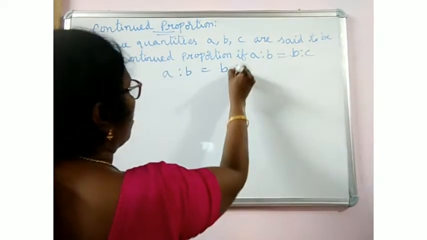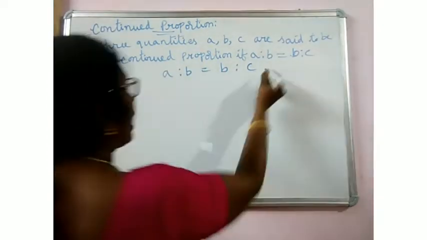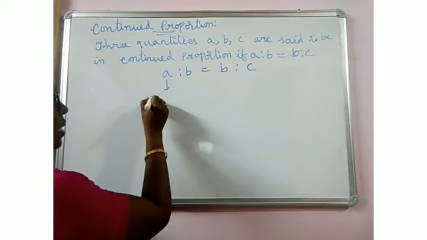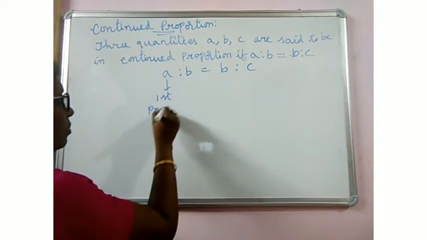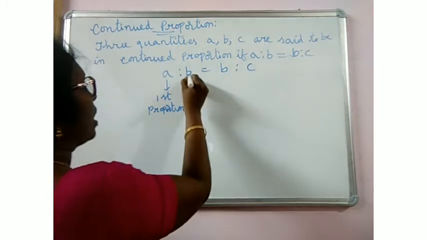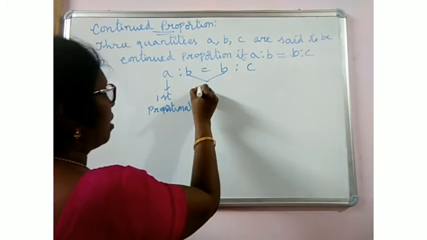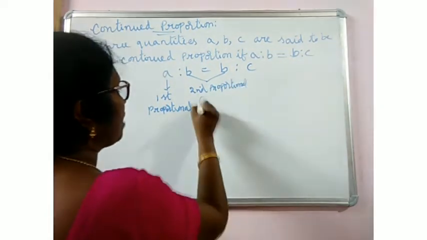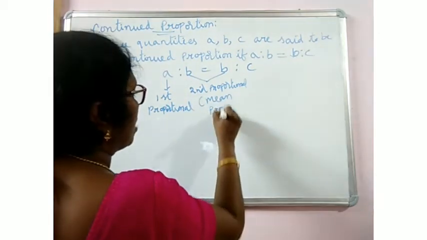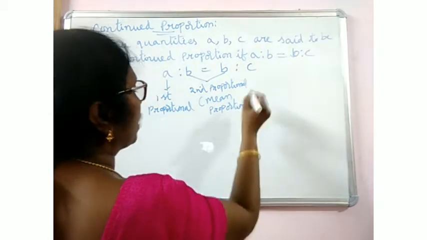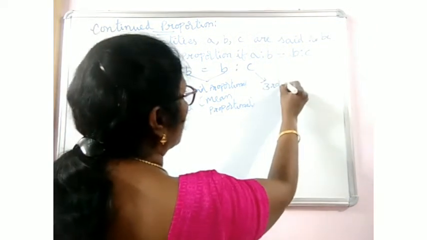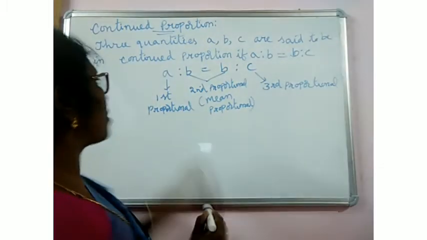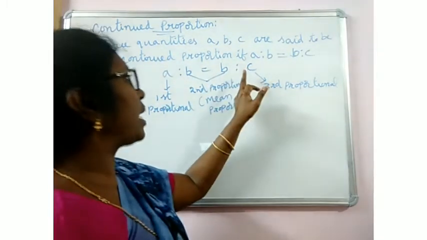A is to B is equal to B is to C. Here A is the first proportional, B is the second proportional, also known as the mean proportional, and C is the third proportional.